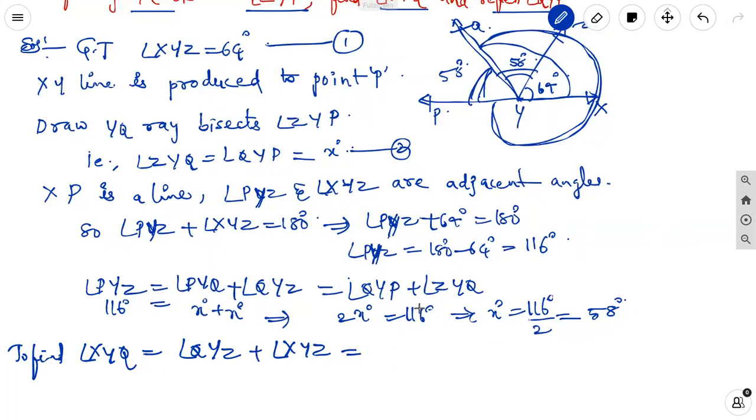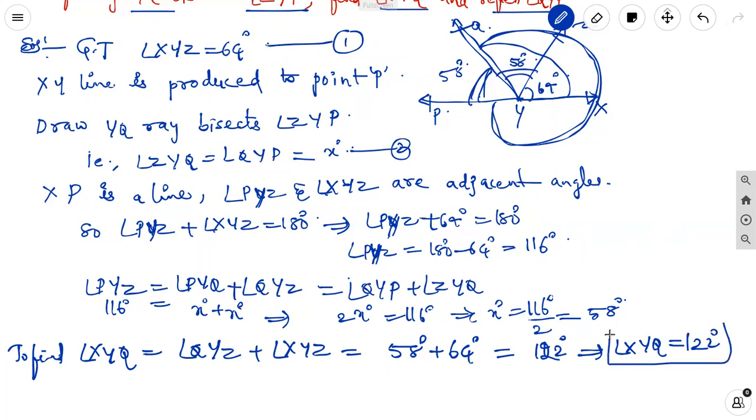Angle QYZ is x degrees, so that is 58 degrees, plus XYZ is 64 degrees. Adding these, 8 plus 4 is 12, 6 plus 6, 122 degrees. So XYQ equals 122 degrees. This is the first question.